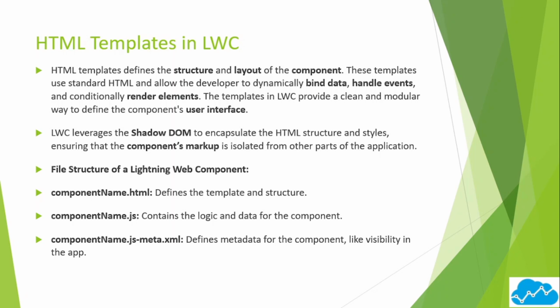Here we have to set the isExposed property to true, and define the targets, like where we want to display this component: home page, app page, record page, community. Wherever we want to display this component, we have to define it in the meta XML file. It is also known as the configuration file.